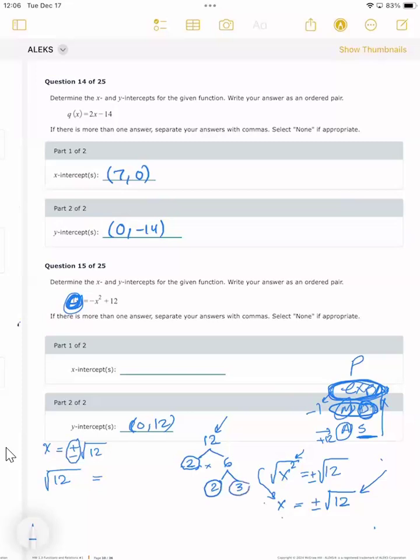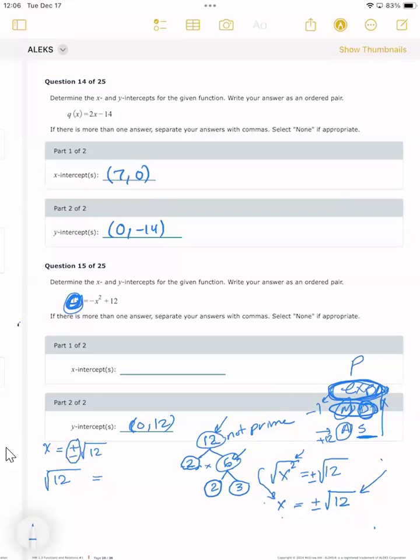And 3 is considered prime. You can't write it as any factors. But 6 is not prime. 12 is not prime. These numbers are not prime because you can write 12 as 2 and 6. You can write 12 as 3 and 4. So we don't call them prime numbers.